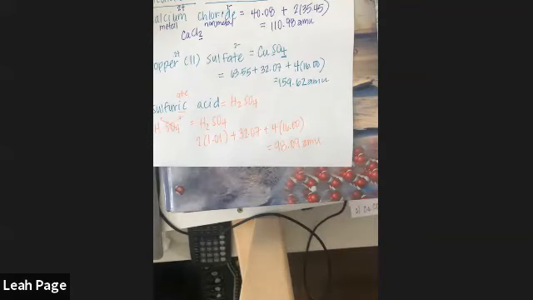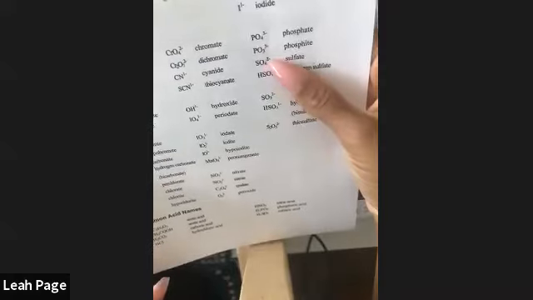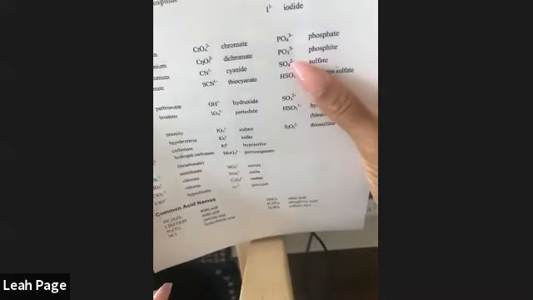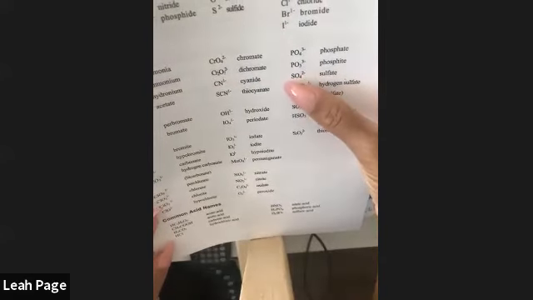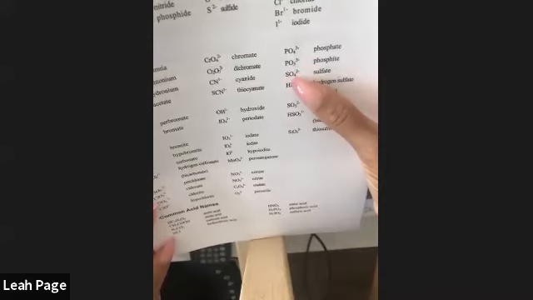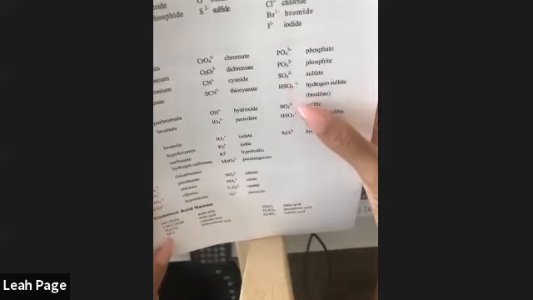If you look at the polyatomic ion sheet, sulfate has the formula SO4 2 minus. So when we put it with hydrogen, we have to switch the charges. It's basically saying that I need 2 hydrogens with a +1 charge to cancel out every 1 sulfate with a 2 minus charge.